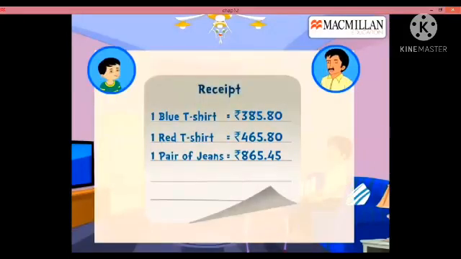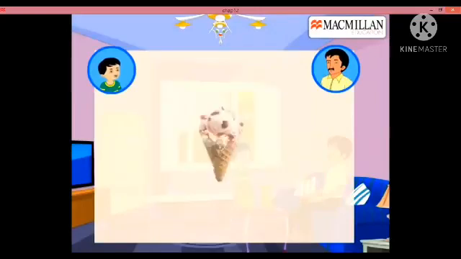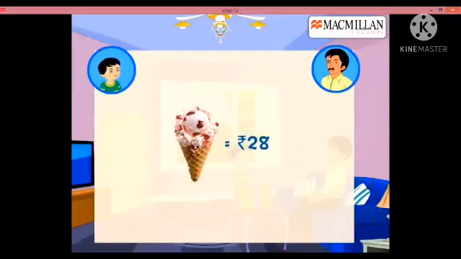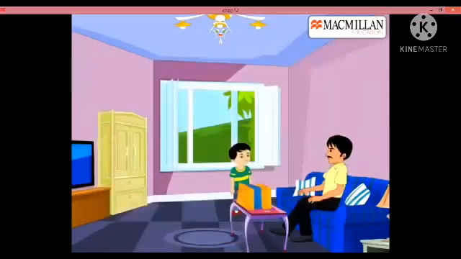Can you tell me the cost of the ice cream? Yes, the cost of 1 ice cream is 28 rupees. All right then. Write these values on a paper. Write the values in the correct columns. Write paise in the paise column, rupees in the rupees column. Okay, Dad.